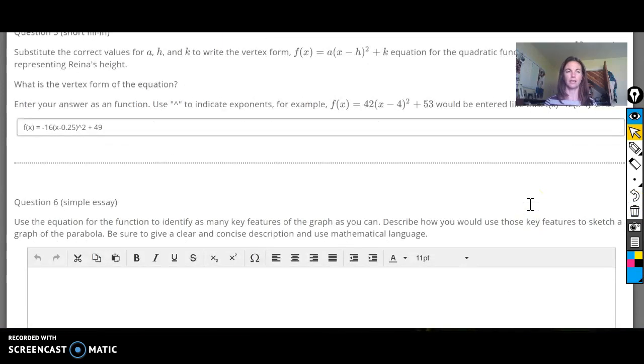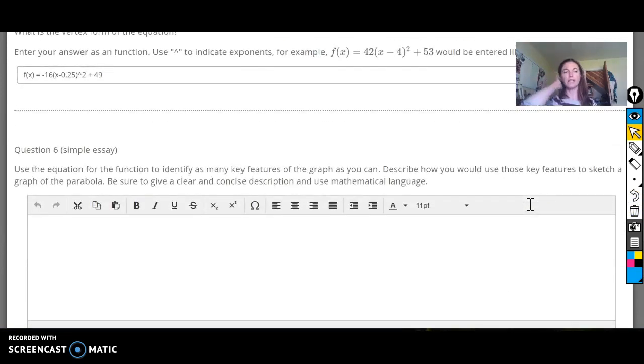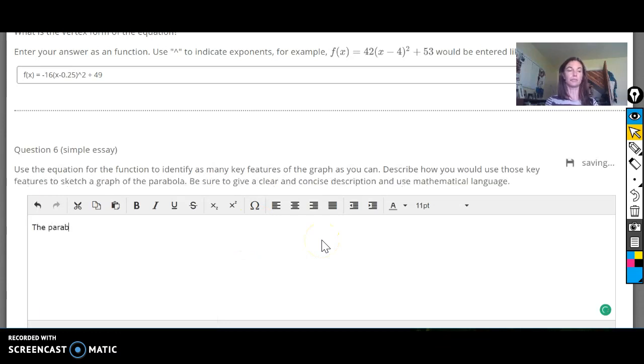Okay. And then the last question here, it says use the equation for the function to identify as many key features of the graph as you can. Because that a value is negative, one of the things that we know is that the parabola will face downward, because a is less than 0.